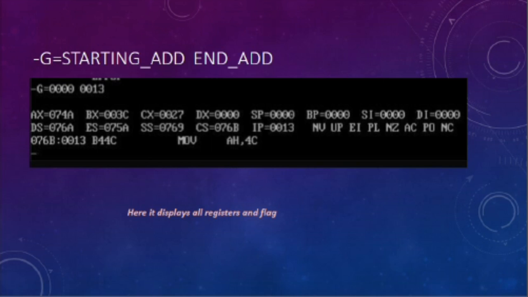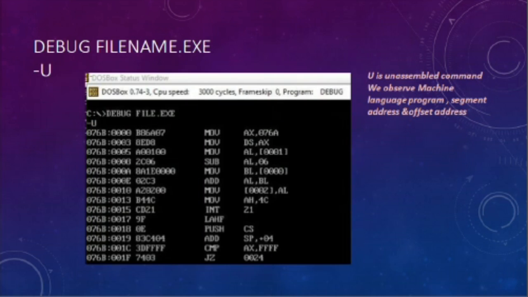How do I get this 0013? Let us go back. I have already said MOV AH, 4C. This is very important. And INT 21. These two lines are used to display the result.